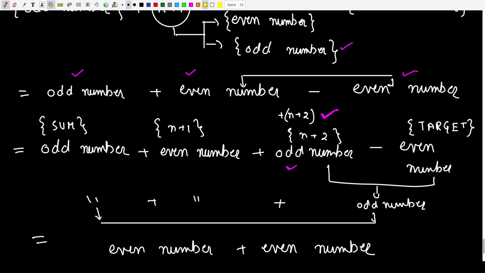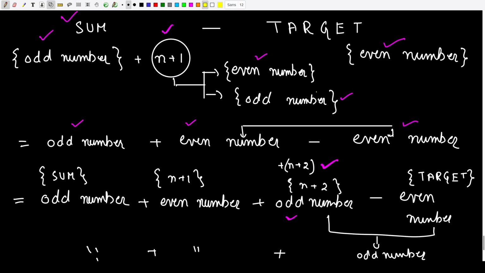Let us discuss the case where n plus 1 is an odd number. We have discussed the even number case. Now let us discuss the odd number case. So remember, our sum is an odd number, target is an even number, and n plus 1 is an odd number. So let us discuss that case.